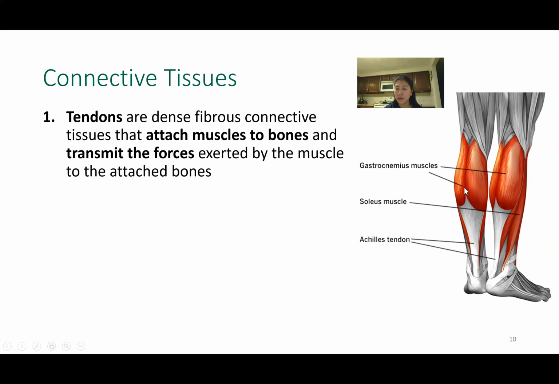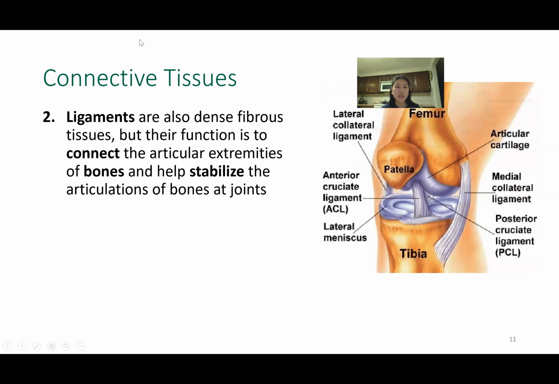As you can see, the muscles are marked red because they're full of capillaries, vessels and blood flow, but tendons are not. It's a different fibrous structure, and if you see it in a cadaver, it's much whiter than any of the muscles.